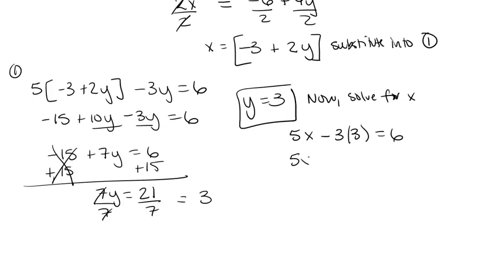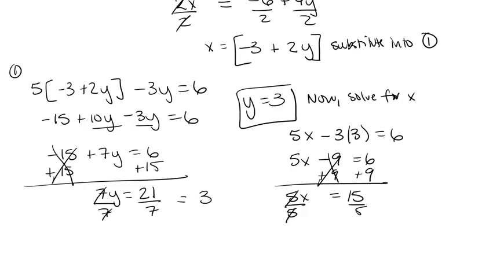So now 5x minus 3 times 3 is minus 9 equals 6. We add 9 to both sides. We get 5x is equal to 15. Divide by 5 on both sides. Now we get 15 divided by 5, and we get x is equal to 3. So y is equal to 3, and x is equal to 3.